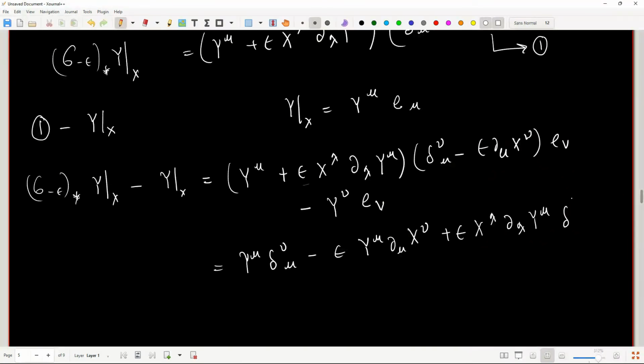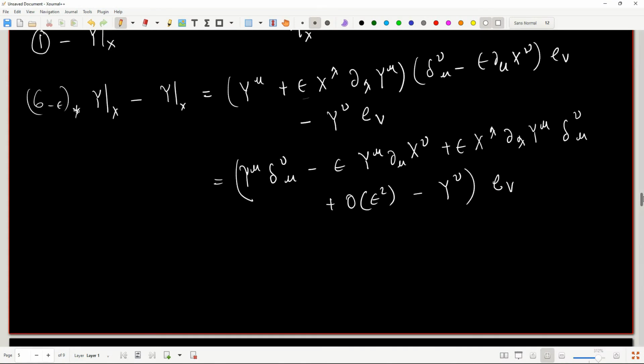I have a del nu mu, and then there are order epsilon terms, and finally y nu, and all of this we can take out these bases as a common factor. This is easily understandable. This y mu delta nu mu is just y nu, right?